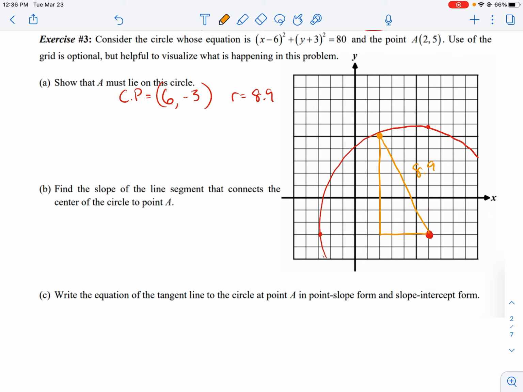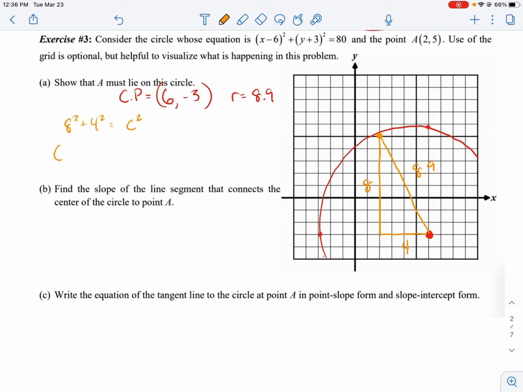So this guy right here is going to be, well, this looks like it's 4. And this looks like it's 1, 2, 3, 4, 5, 6, 7, 8. Okay? So we're going to use Pythagoras Theorem. So 8 squared plus 4 squared is equal to c squared. And basically we're looking for 80, right?